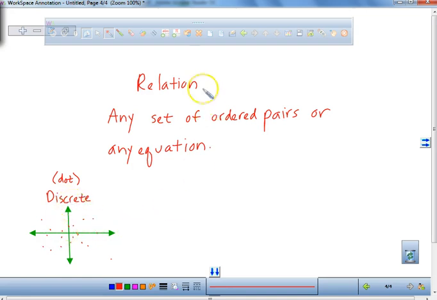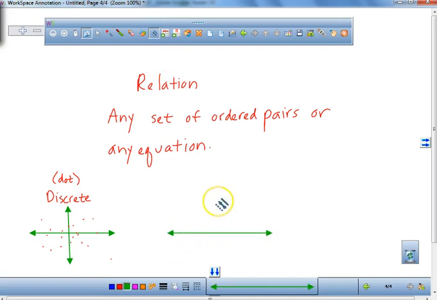Okay, on the page. But if I have another graph, right, that looks like this. That's ugly, okay? But you know what? That's a relation. It can look like this. That's a relation. It can look like this.